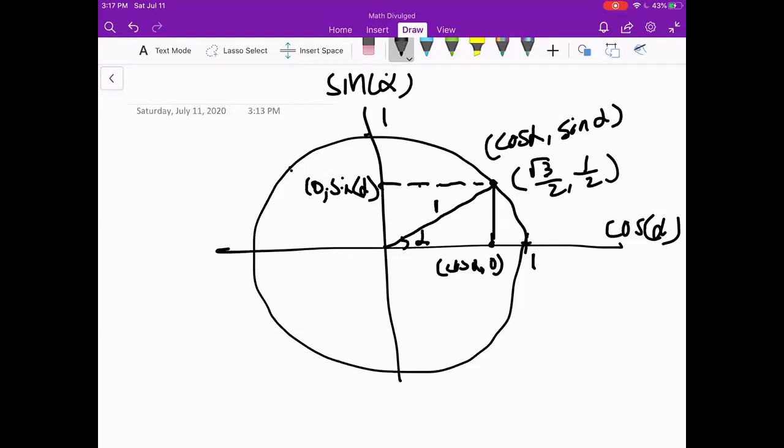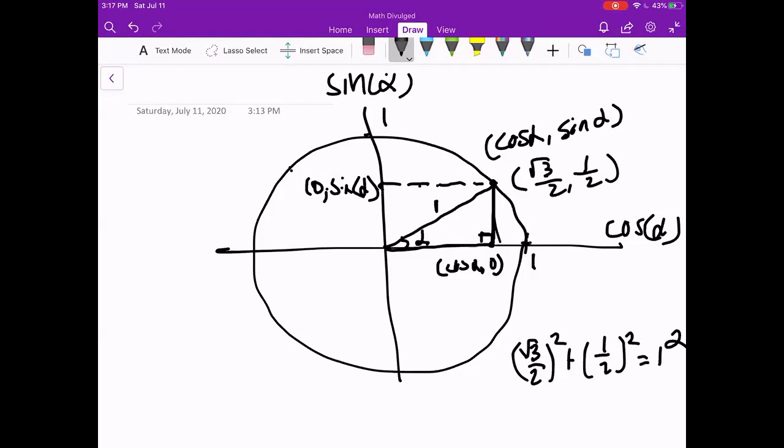Similarly, this leg has length root 3 over 2, and the vertical leg has length 1 over 2. Again, this is a right triangle, so we can confirm that if we add the squares of these lengths, root 3 over 2 squared plus 1 over 2 squared, we do indeed get 1 squared, which makes this a valid right triangle.